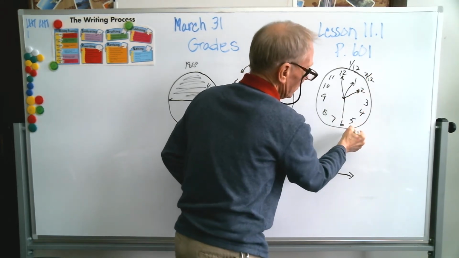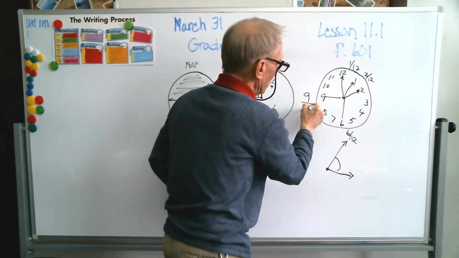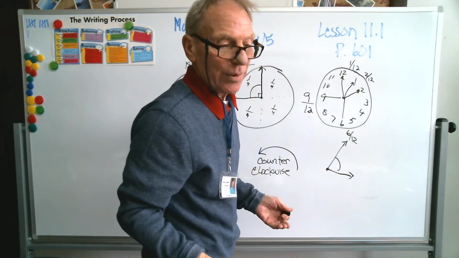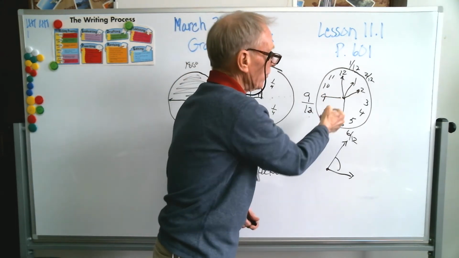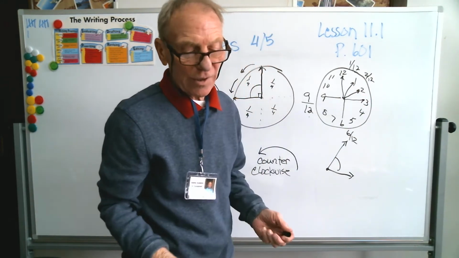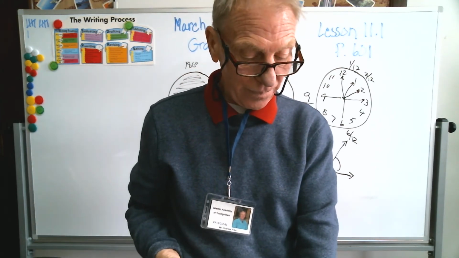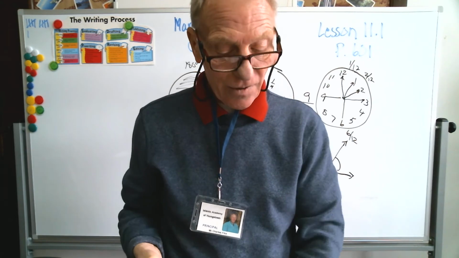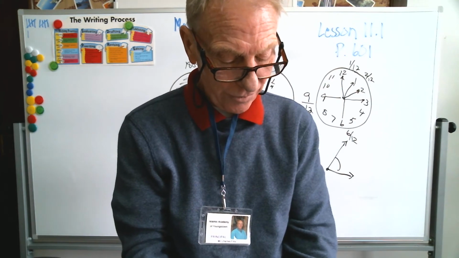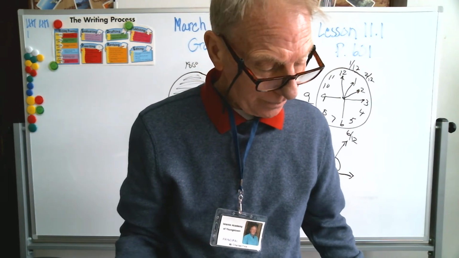If we went to the 6, it would be 6/12. If we went to the 9, it would be 9/12, or its equivalency 3/4. So it'd be 3/4 of an hour, 1/2 an hour, 1/4 of an hour. So when you're looking at the circle, you can determine the angle that's created when you move those rays into different positions around the circle.